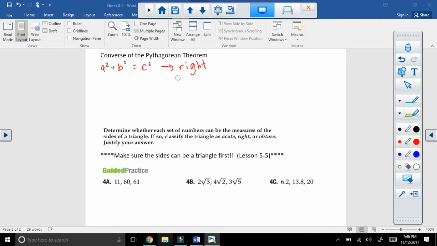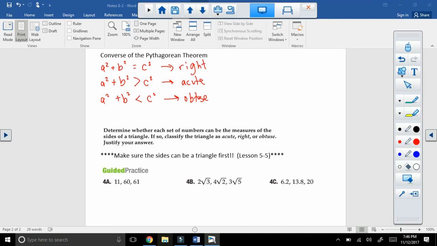And not only will we be using that, but we will be telling if it's acute or obtuse also. So if a squared plus b squared is greater than c squared, it's an acute triangle. And if a squared plus b squared is less than c squared, it's going to be an obtuse triangle.